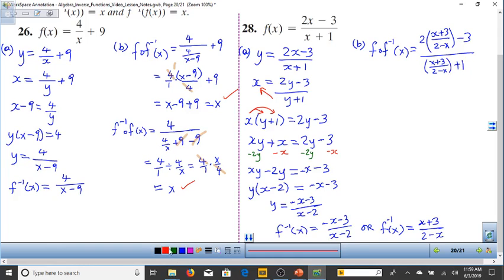Now to simplify that, all I'll have to do is multiply the numerator and the denominator by the common denominator, namely 2 minus x.